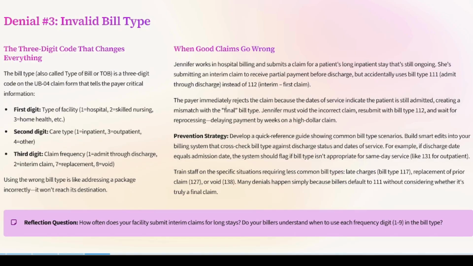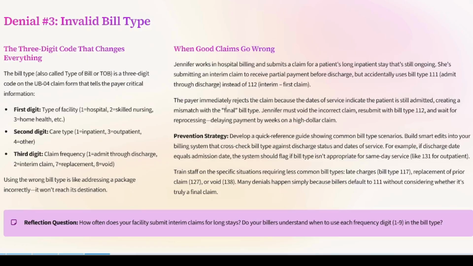And the third digit is claim frequency. Number one is admission through discharge, two is interim claims, seven is replacement claims, and eight is voided claim. All right. Using the wrong bill type is like addressing a package incorrectly. It will not reach its destination.